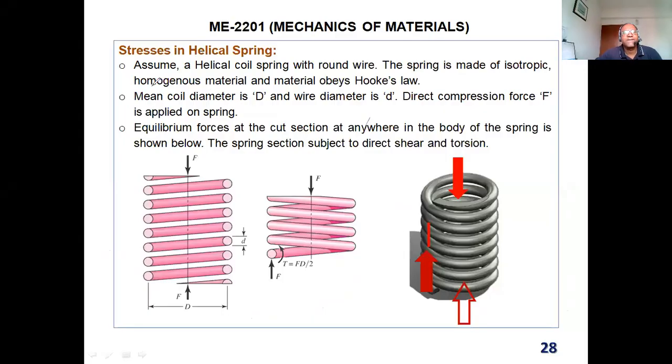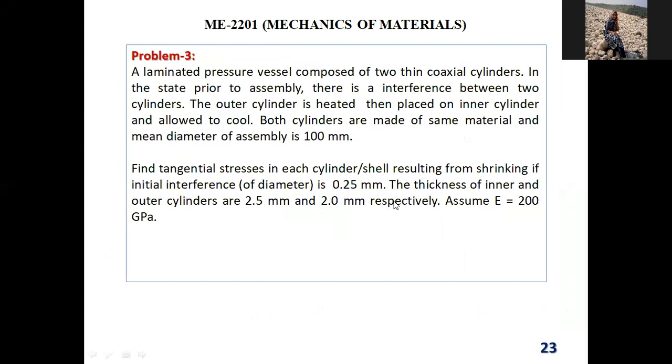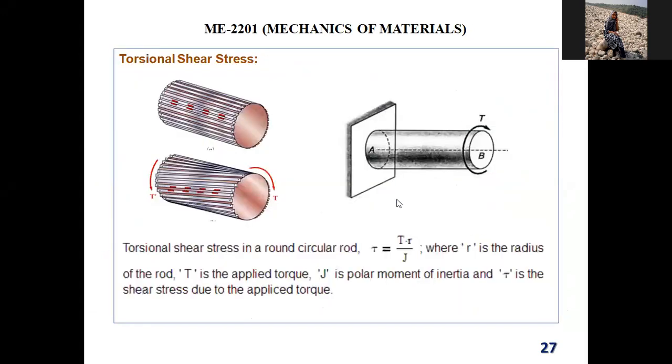We derived the shear stress in a circular shaft or rod subject to torque. But what is the condition? The cross section has to be circular. Other condition, it has to be straight.